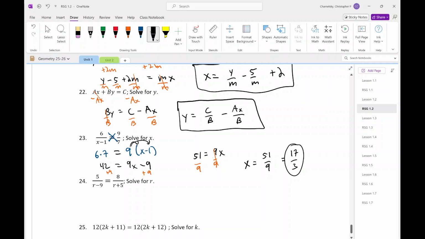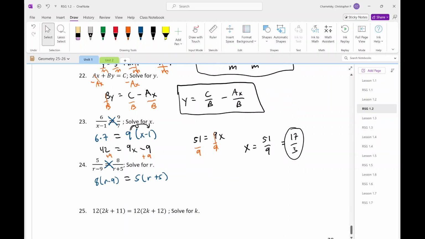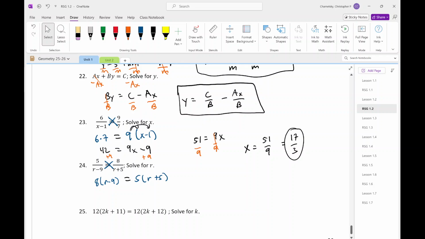Number 24, same thing, we're going to cross multiply. So we get 8 times r minus 9 equals 5 times r plus 5. Okay, we'll go ahead and distribute on both sides.